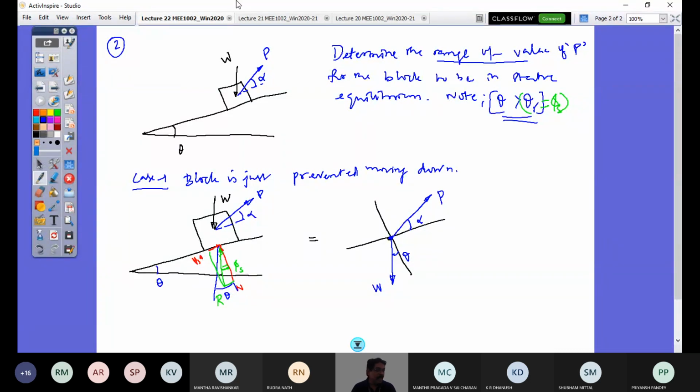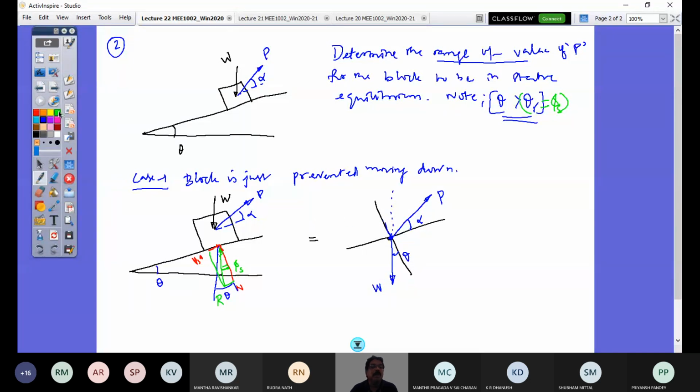Reaction R. If I extend this line, this angle is theta. But now my R is less than theta to the normal, right? So my R would be somewhere here, like this. This is my R. It's not along that.